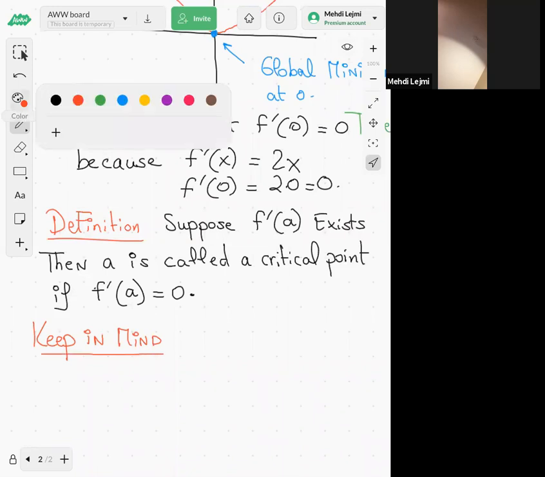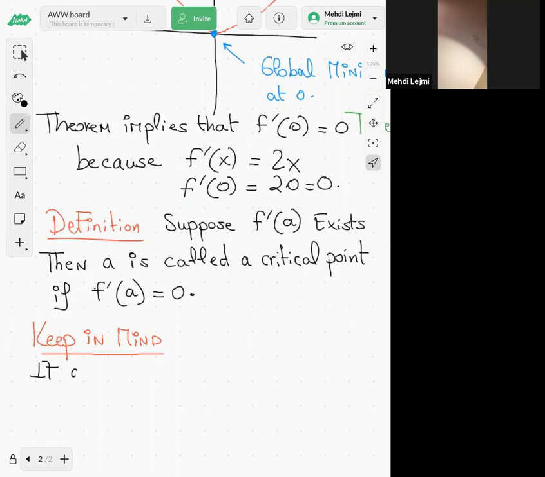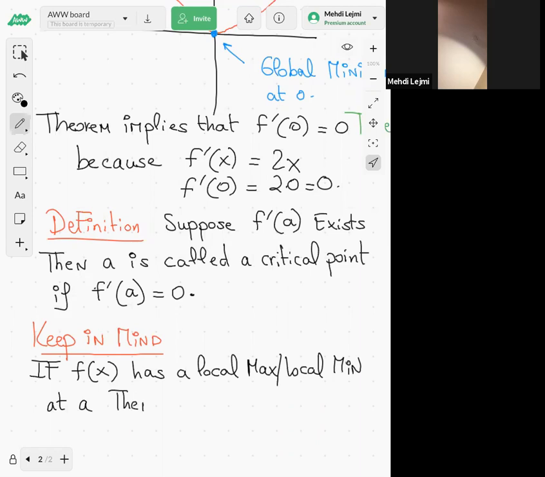So just keep in mind that if f of x has a local maximum or local minimum at a, then a is a critical point.